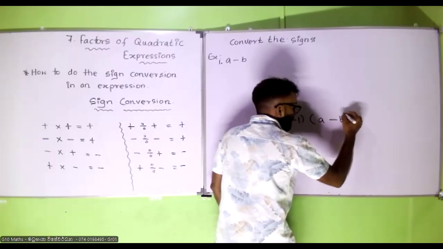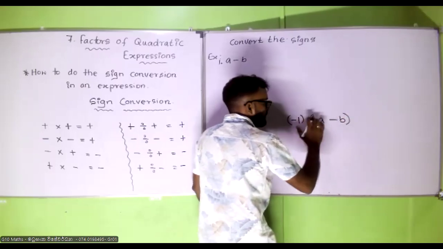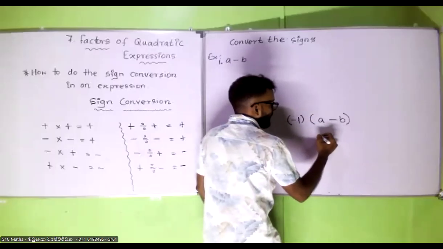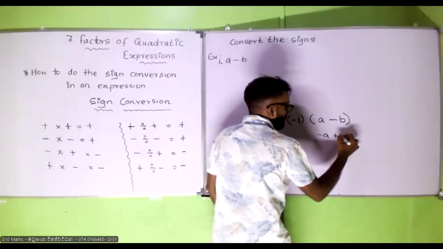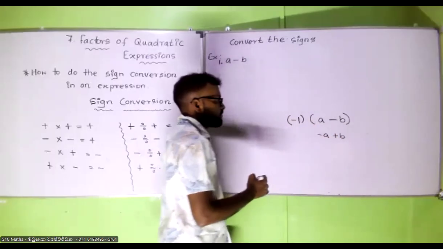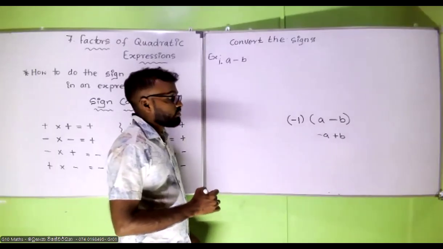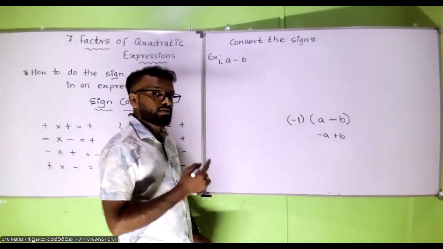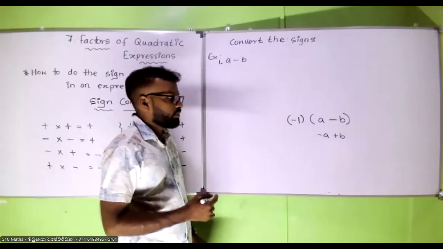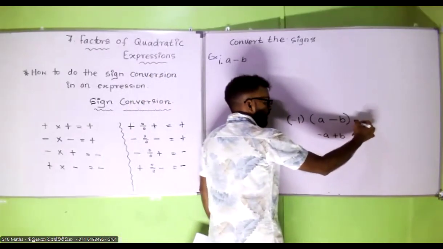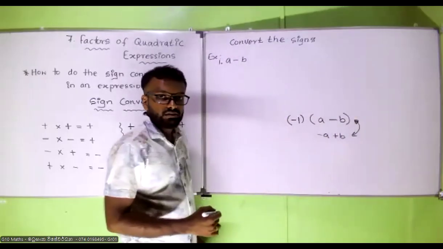If you multiply these two numbers by negative 1, you will get negative A and positive B. But these two will not be equal. That is one of the perfect answers.